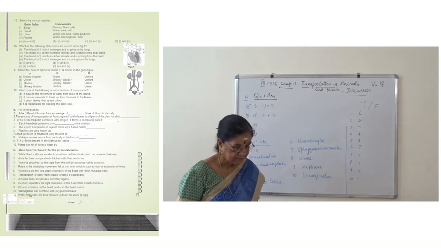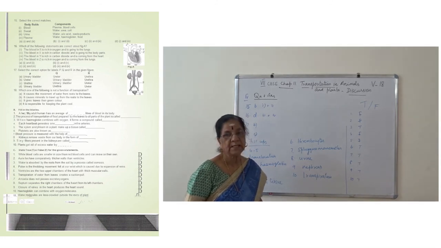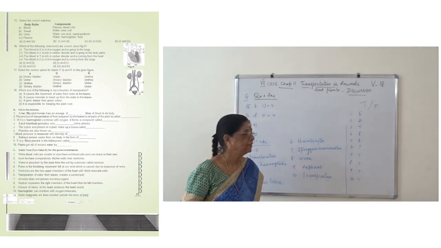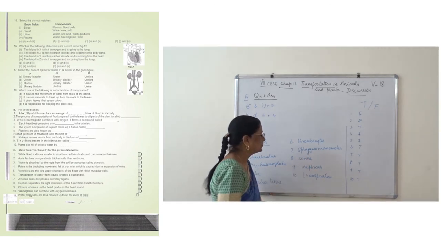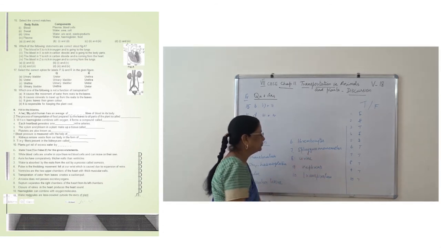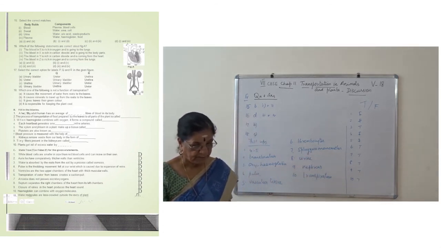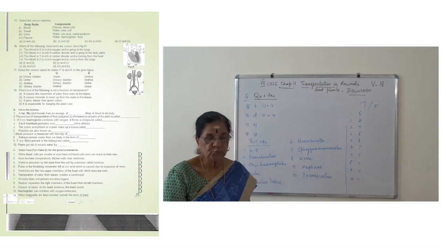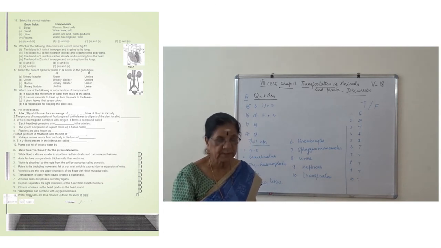Okay. Then 7. Blood pressure is measured with the help of an instrument called sphygmomanometer. Spelling: sphygmomanometer.